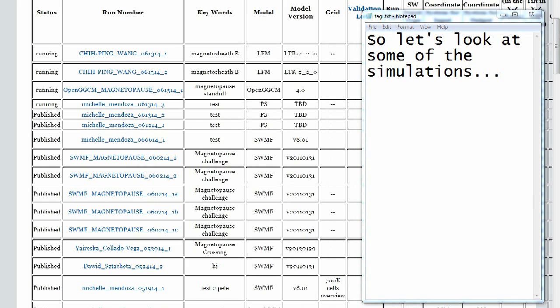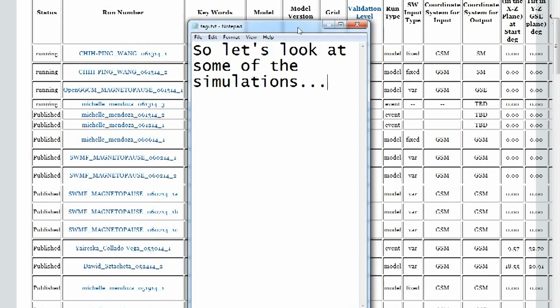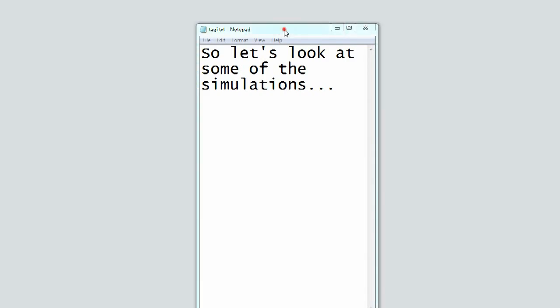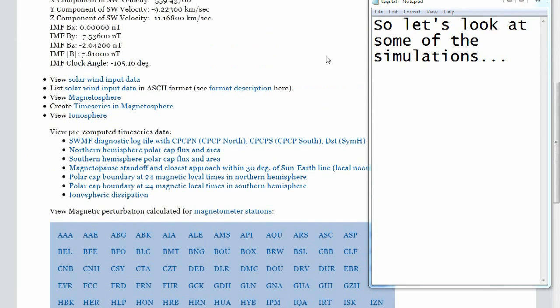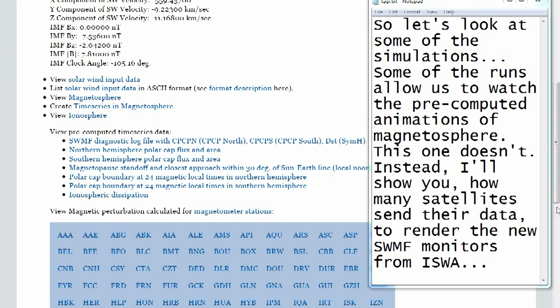So let's look at some of the simulations. Some of the runs allow us to watch the pre-computed animations of magnetosphere. This one doesn't. Instead, I'll show you how many satellites send their data to render the new SWMF monitors from ISWA.